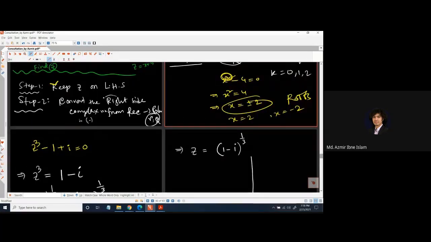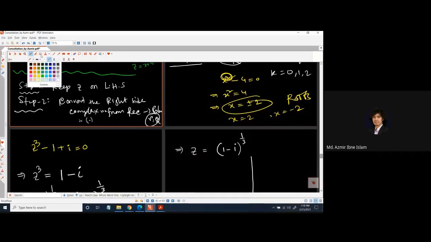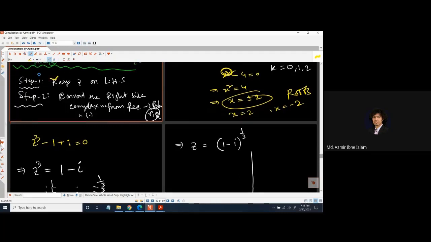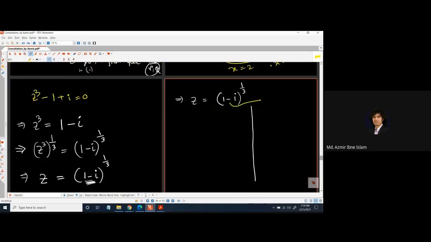convert the right hand side complex number that is in the parenthesis from rectangular to polar. So the right hand side complex number that you have, let's say it is z1, here denoting like z1. It is 1 negative i. So our target is to convert this rectangular form to polar form.